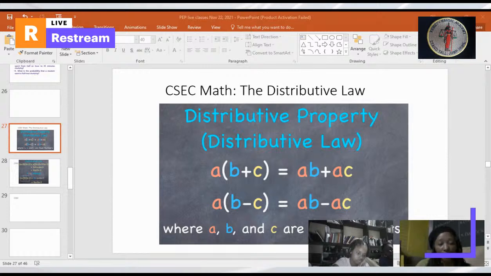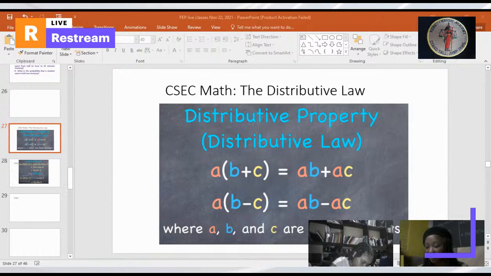So what this is saying is that the number or term or variable, whatever is in front of the brackets, we multiply that by whatever is inside the brackets. And that's what we mean by we expand the bracket.